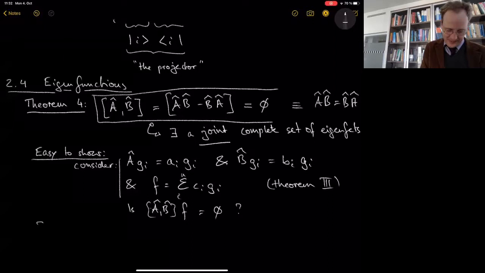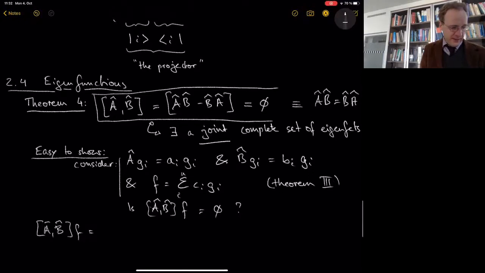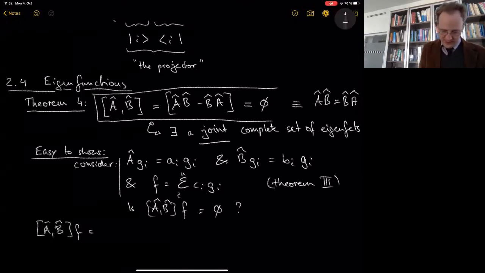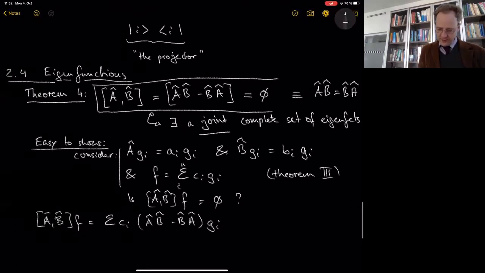Let's write that here, and so now we use our expansion. And now I write it more explicitly. Okay. So not yet obvious that that must be 0, but let's start operating now.